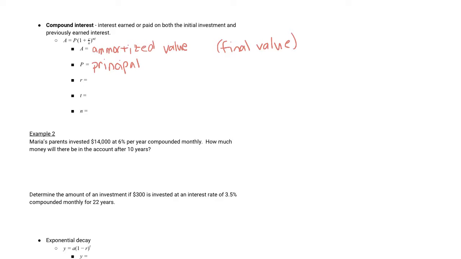Again, it just is the same as initial value. Look at where they're placed in relation to the parentheses. They mean the same thing. They're just different letters because we're dealing with money at this point. So amortized value, principal, little r is interest rate. Again, and this is in decimal form.